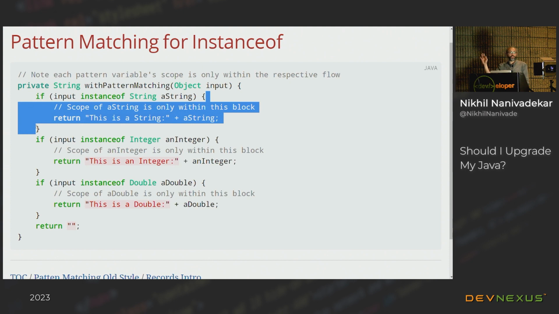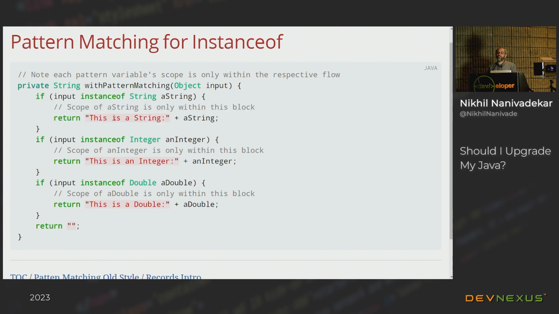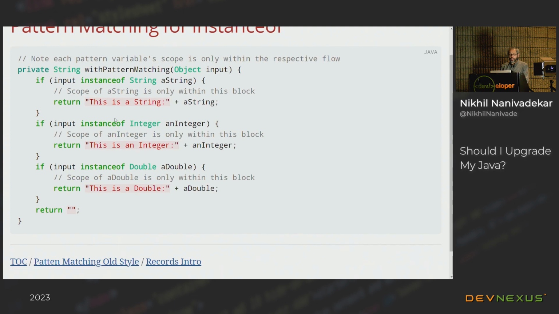It's not going to go beyond that. This helps because you don't have to worry about error-prone casting. Your instance check itself is where you define your variable. You also don't have to worry about leaking variables beyond your scope, because you'll start getting compiler errors if you try to use them outside it.